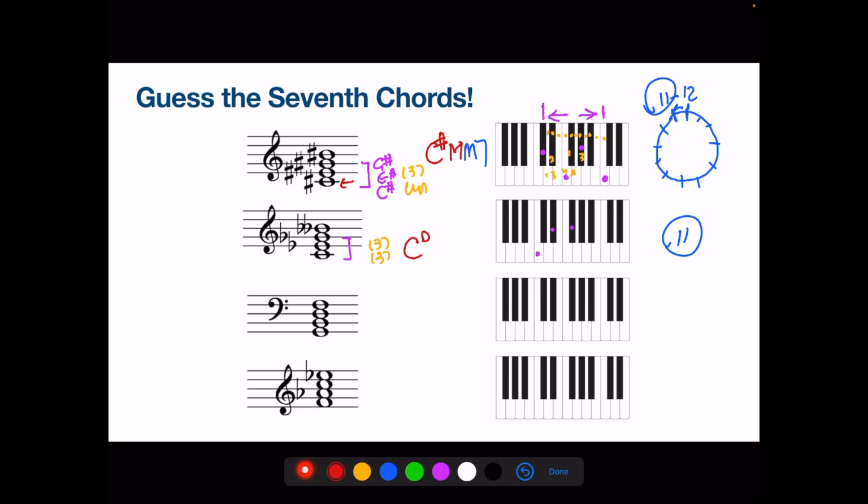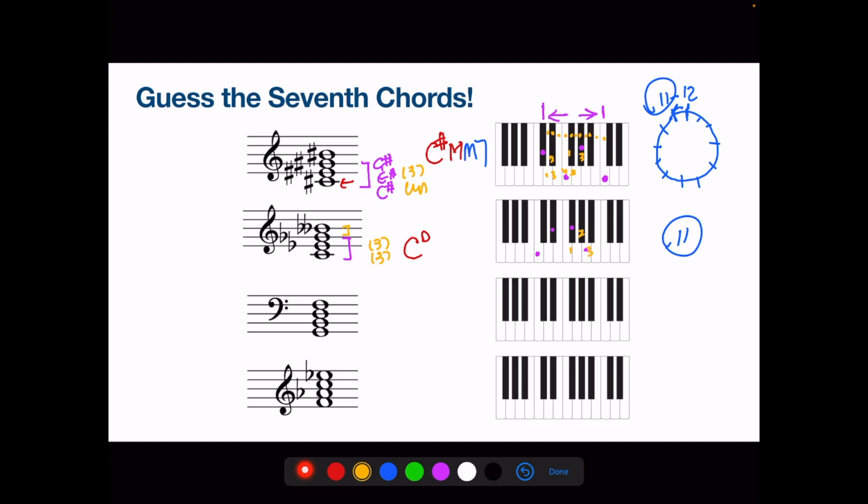But we don't know whether this is half diminished or fully diminished. So now you have to find the half steps between the top two notes. Between the G flat and the next note, which is B double flat, it's going to be 1, 2, 3.